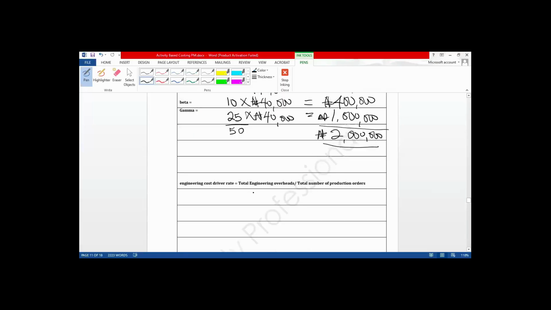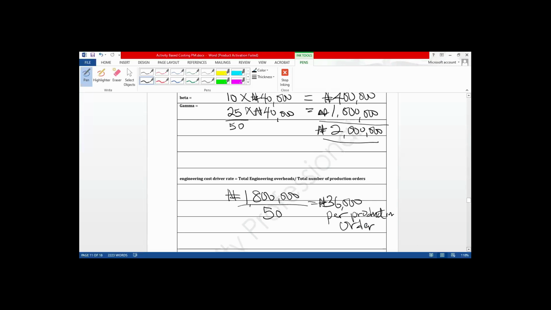Engineering cost driver rate: total engineering overhead, 1,800,000, divided by production orders, 50. What's the rate here? 36,000 per production order.